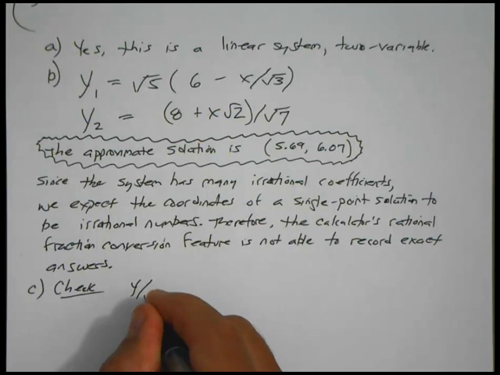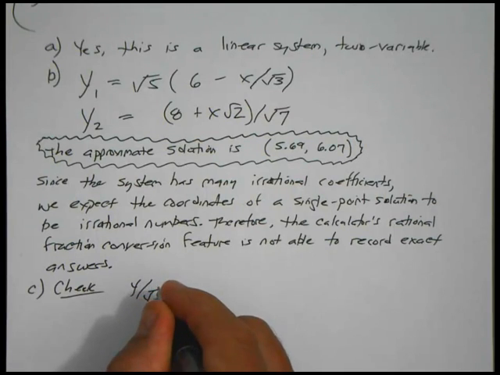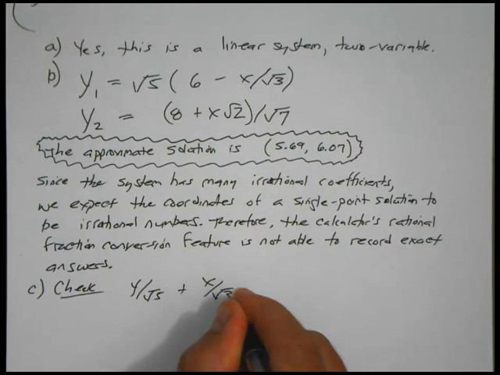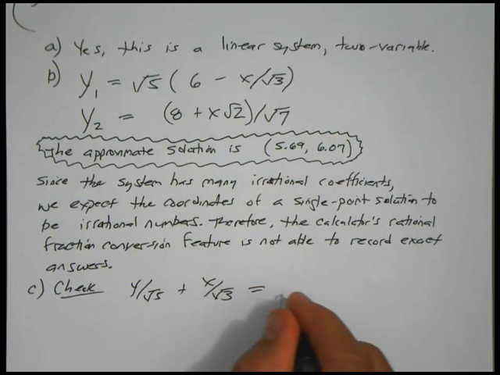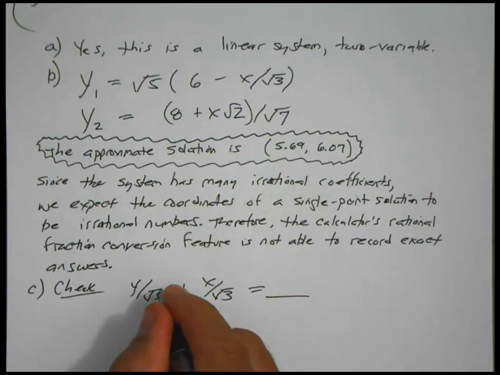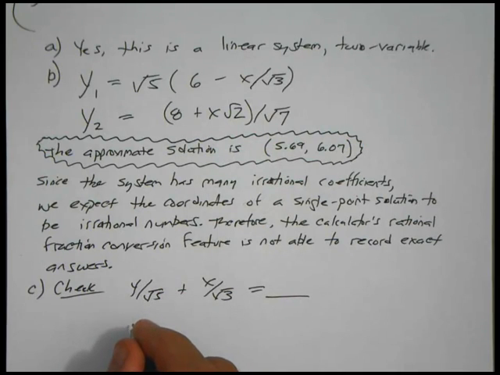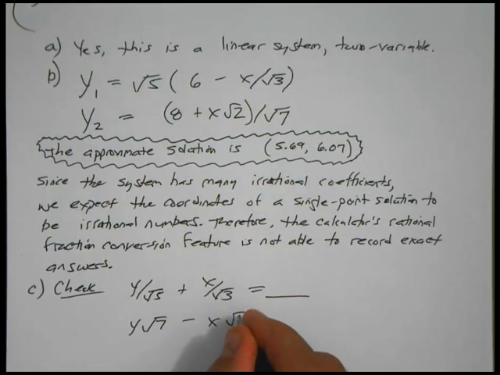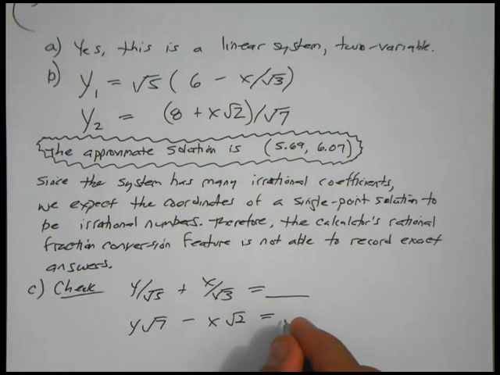So we have y divided by the square root of 5 plus x divided by the square root of 3. We'll see what happens there. Second, for our left-hand side, we've got y square root of 7 minus x square root of 2. Let's see what happens there.